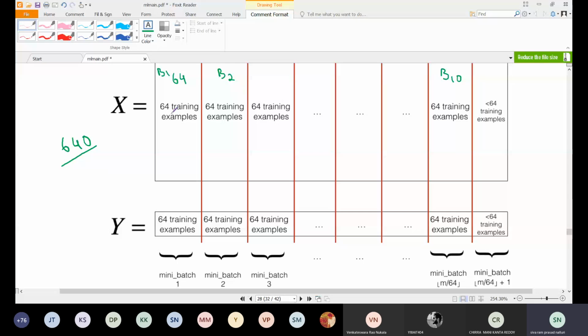So what I will do is I will take first 64 examples, calculate the loss, and based on this loss I will update the weight. Okay. Then I will calculate the loss for the second batch of 64 examples, and based on this, I will update the weight. So this is known as mini batch.